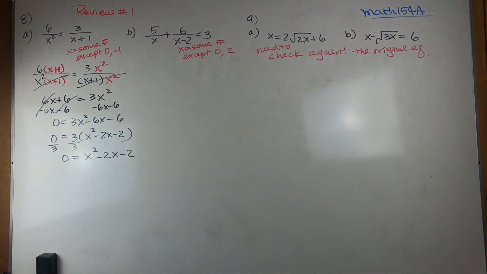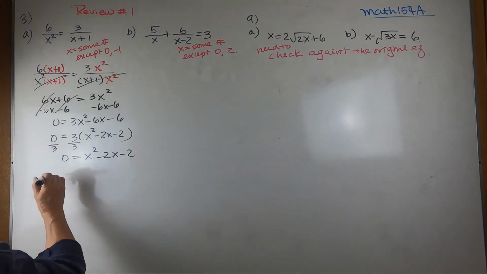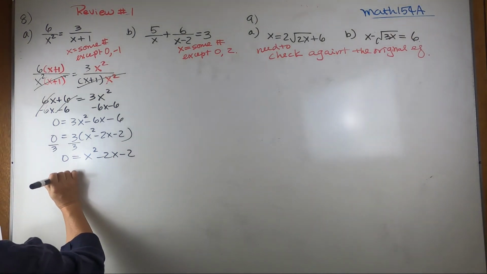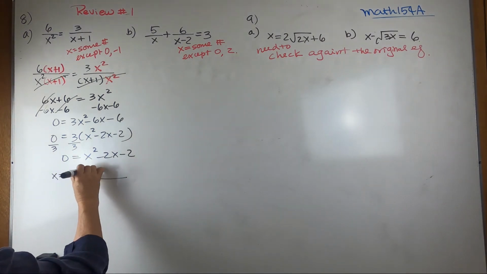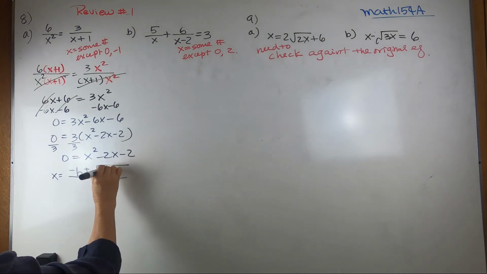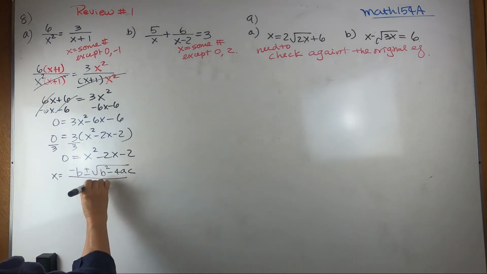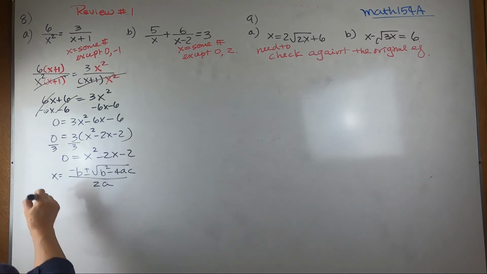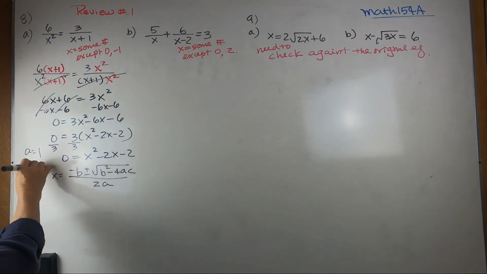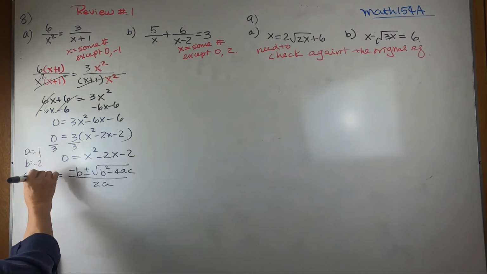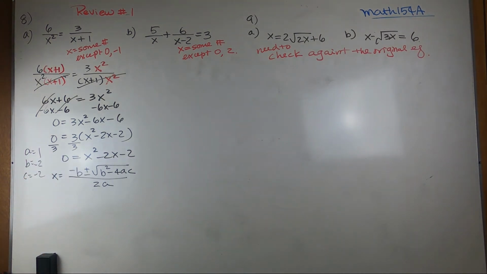It doesn't look like we can factor. If we cannot factor, how should we find the x? We use the quadratic formula: x equals negative b plus minus square root of b squared minus 4ac over 2a. So what is your a? A is 1, b is negative 2, c is negative 2.